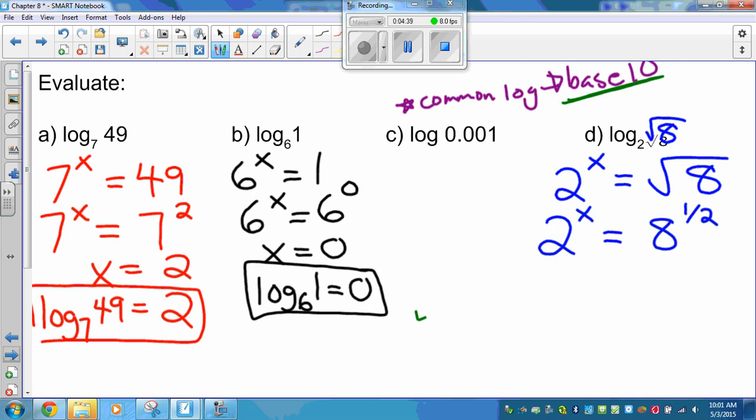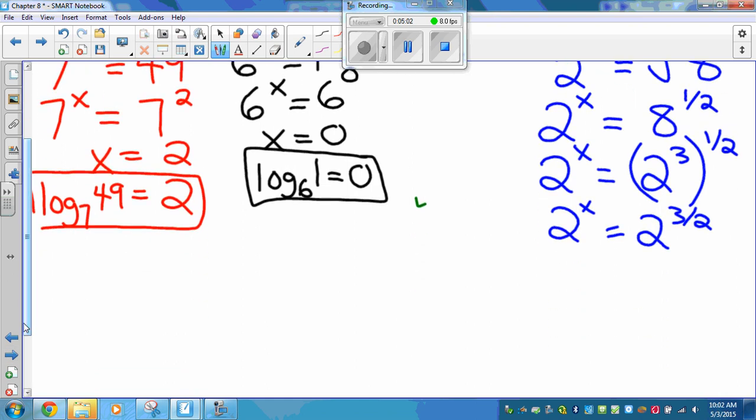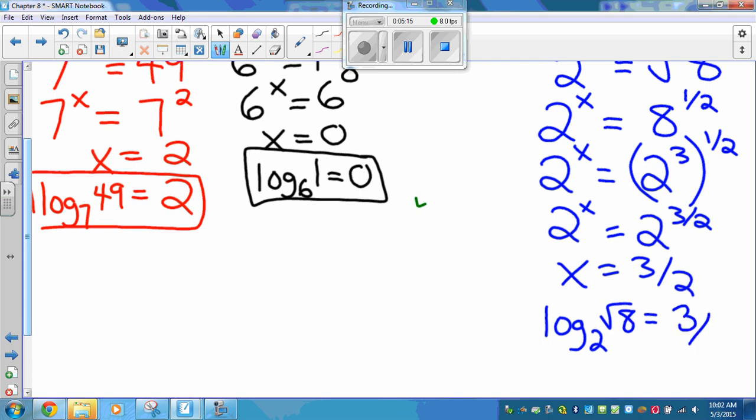I need to write 8 with a base of 2. 2 to the x equals 2 cubed, because 2 times 2 is 4, times another 2 is 8. And this is all raised to the power of 1/2. 2 to the x equals 2 to the 3/2. So x is 3/2. In other words, log base 2 of the square root of 8 is equal to 3/2.